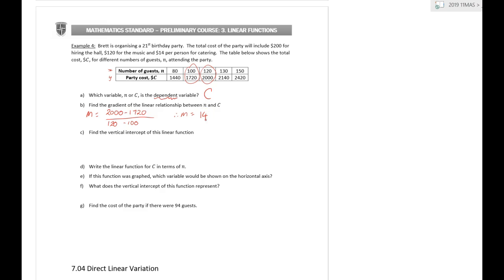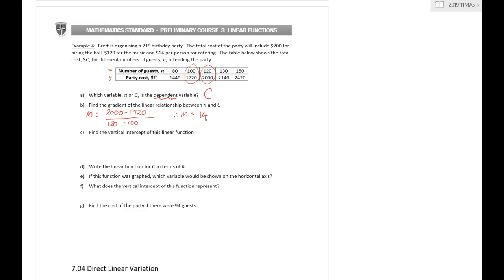Find the vertical intercept. Well, I could graph this and draw it as neatly as I can and try to read off where my line crosses the vertical axis, which is going to be the party cost. But that's not going to work very well. So watch this for a technique. I'm going to use my gradient intercept form and substitute values into it.